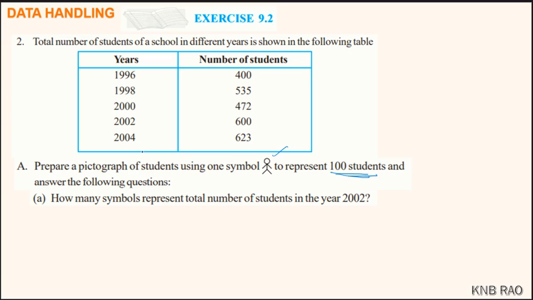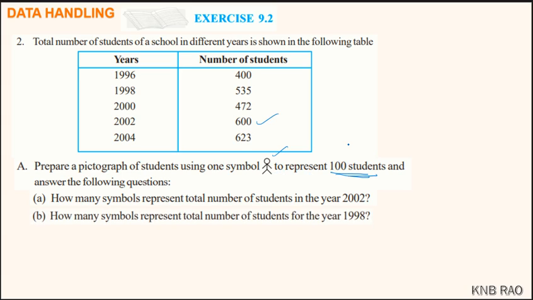Now, I have to use this symbol for 100 students and answer the following questions. Question A: how many symbols represent the total number of students in the year 2002? There are 600 students in 2002, which means I have to use 6 symbols, where each symbol represents 100 students. How many symbols represent the total number of students for the year 1998, where 535 students are there?